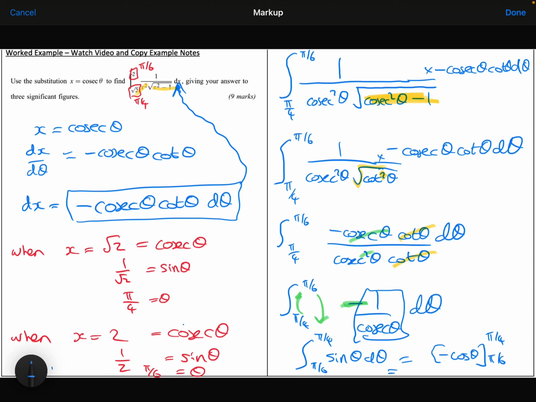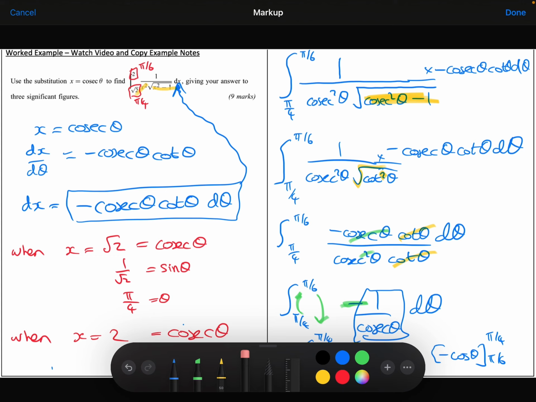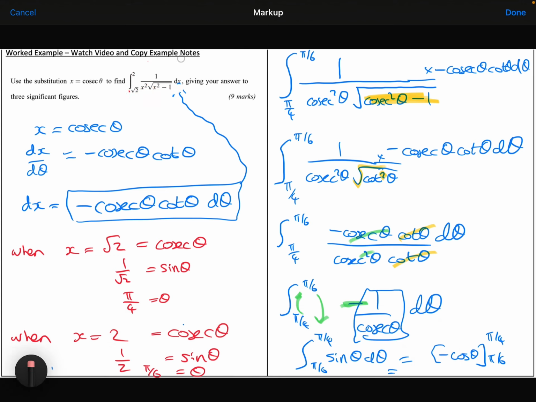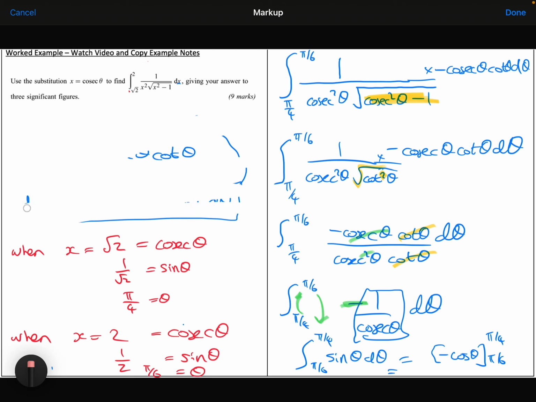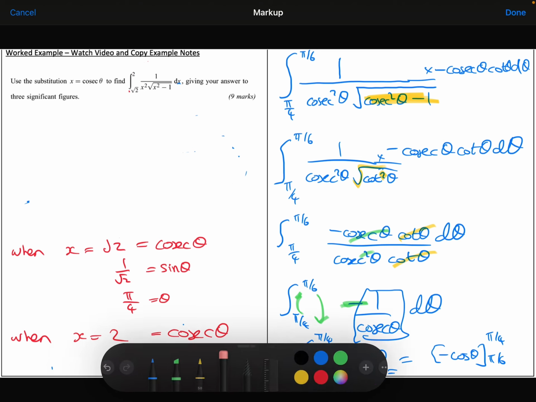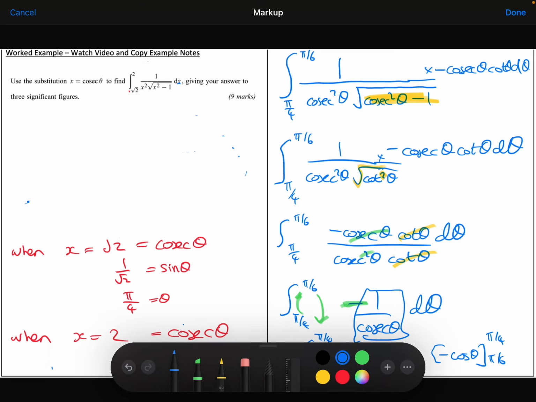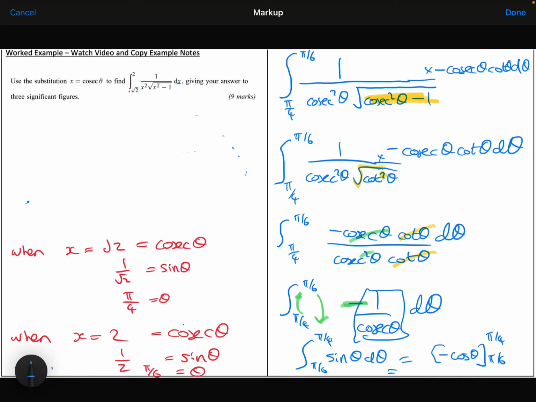If I substitute pi over 4 in, cos pi over 4. I need a bit more space here just to finish this question off, so let me come back up here. So we'll have minus cos pi over 4 minus cos pi over 6.